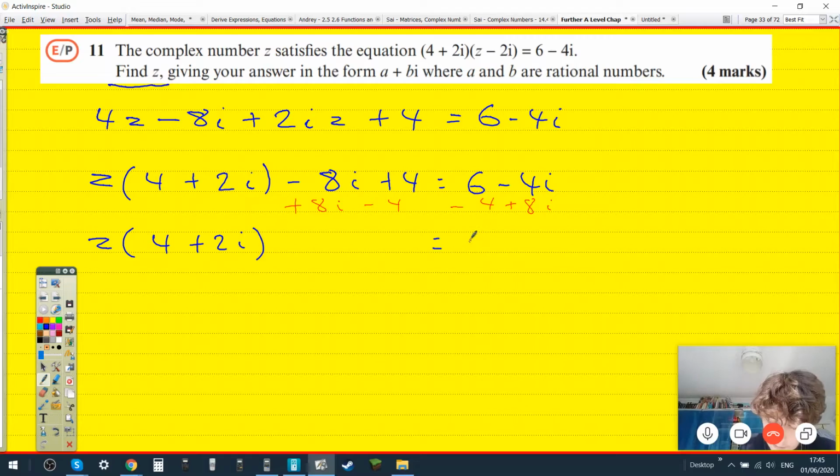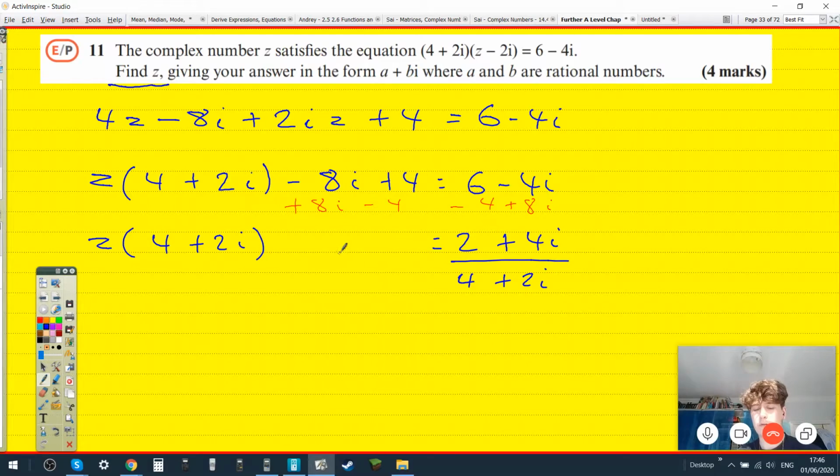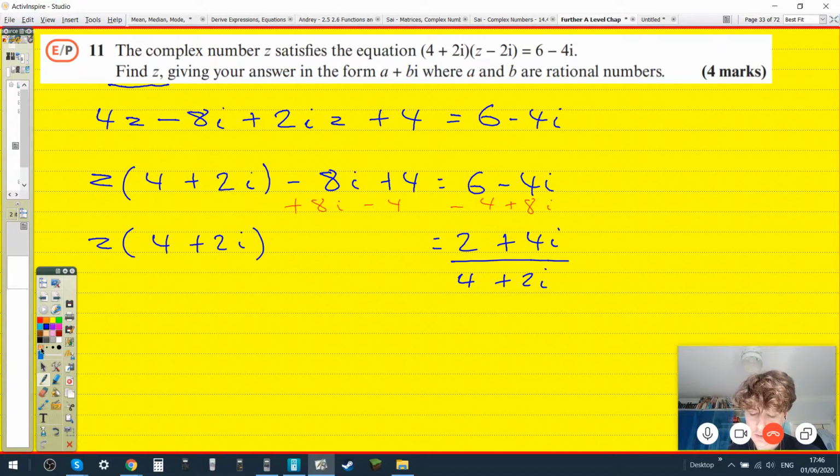What do you get when you do your adding and subtracting? So then you get 2 plus 4i over 4 plus 2i. And then you can break that down to 2 over 4, half times 2i.